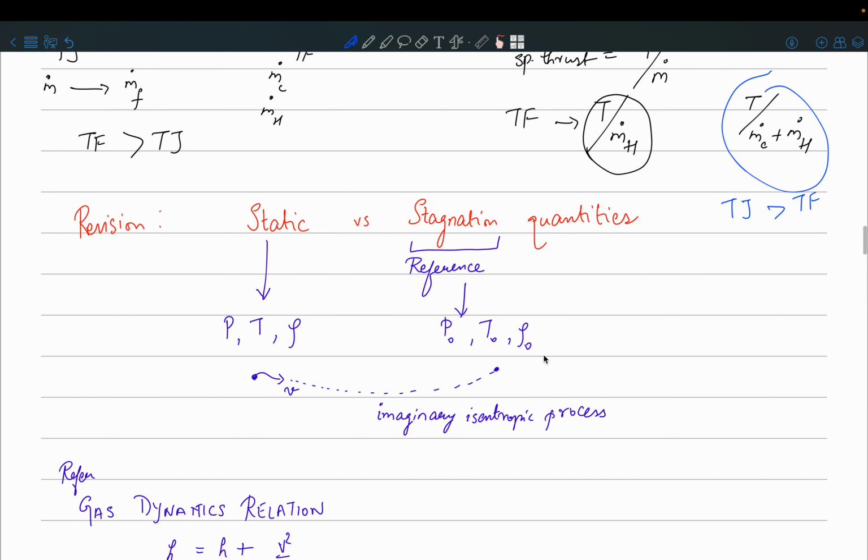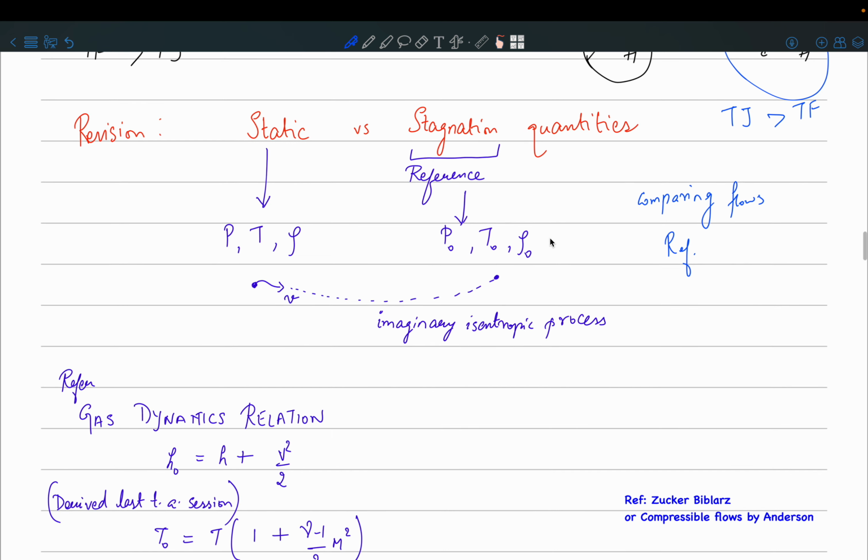This is usually used for a reference. Like if I have to compare two flows, we need a particular reference, and the reference is usually the stagnation quantities.